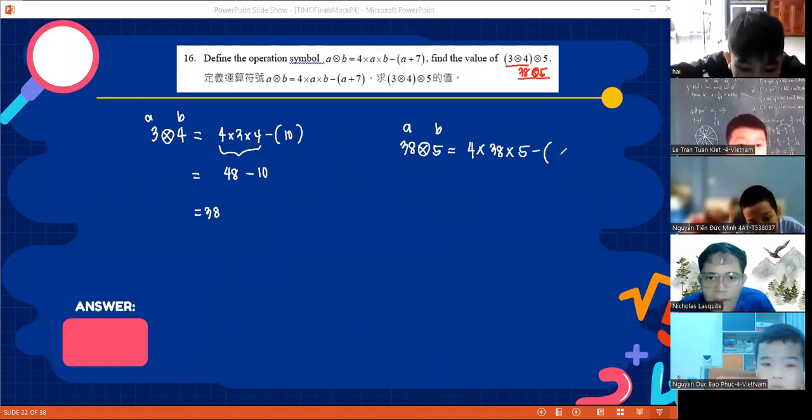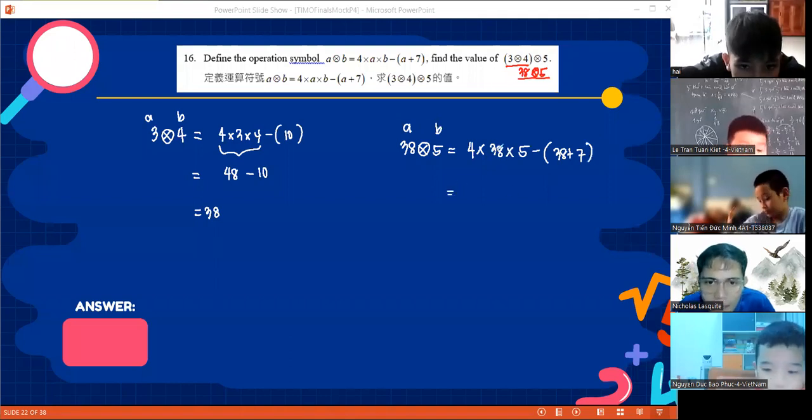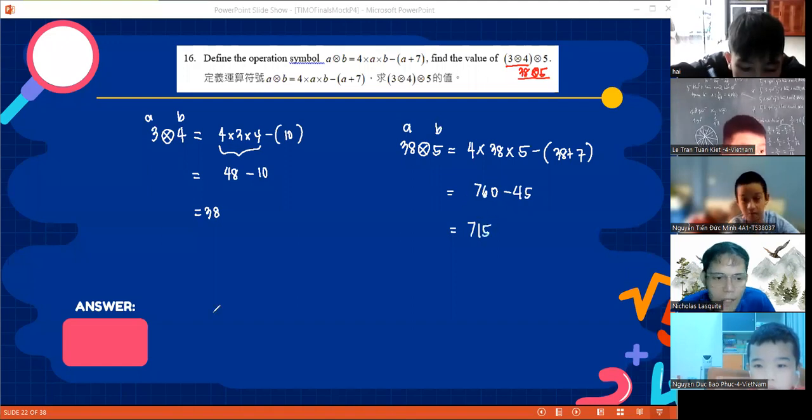And then A plus 7 would be 38 plus 7. So this is 20 times 38, right? So that's 760 minus 45. So the answer here is 715.